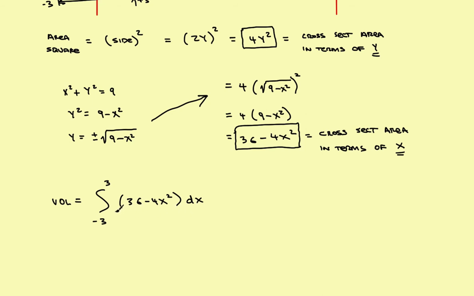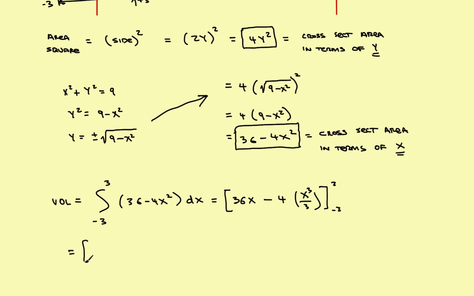So area times thickness would give you volume. And if you evaluate that integral, you'll have the volume of the whole thing. So if we ran through this integral, this would be 36x minus 4 times, and this would become x cubed divided by 3. And it would all be evaluated from minus 3 to 3.